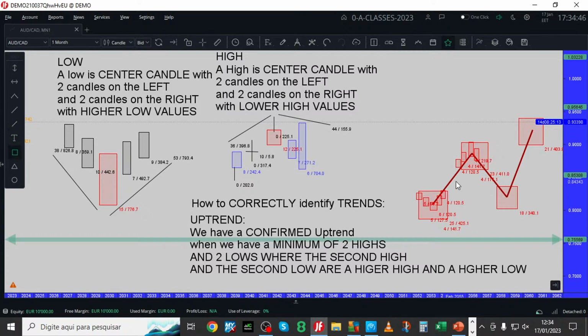So you have a low, you have a high, then you have a higher low, center candle, 2 candles on the left, something like this. Those candles come in all shapes and figures, doji, small body, big tails, small tails. You have a low, and then finally we have another higher high. Okay, 1, 2. Now we have a confirmed uptrend.